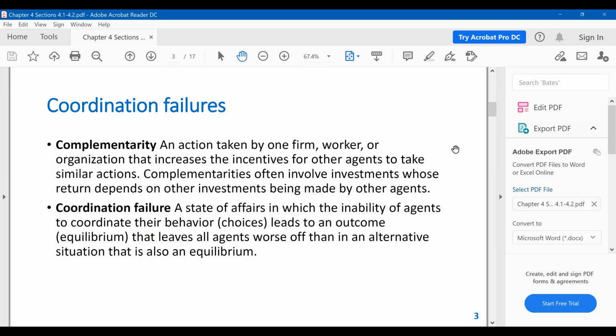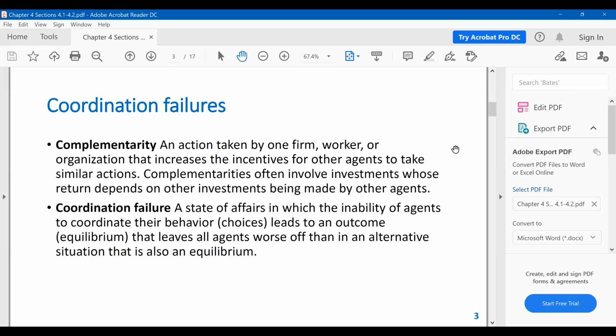So if I take a decision today and this decision affects your incentives for a certain decision today, if events happen at the same time, then we talk about static complementarities. Or I can take a decision today and it would affect my or your incentives in the future, then it's a dynamic complementarity.